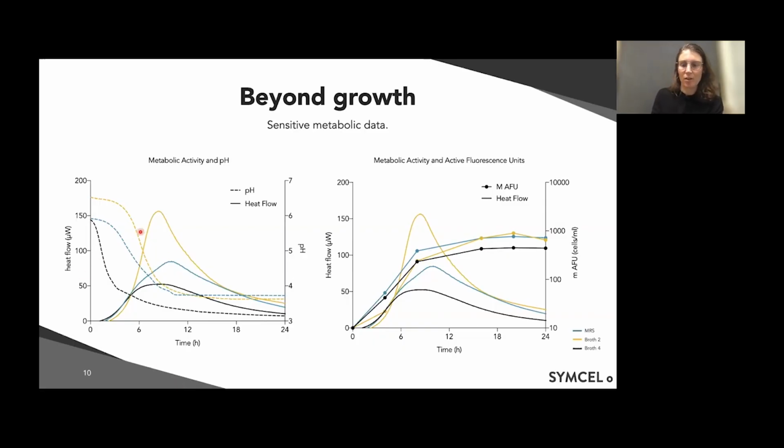So the different colors depict the 3 different media, and on the left side of the graph, you see here on these lines the heat flow curve, and on the dashed line the pH curves.